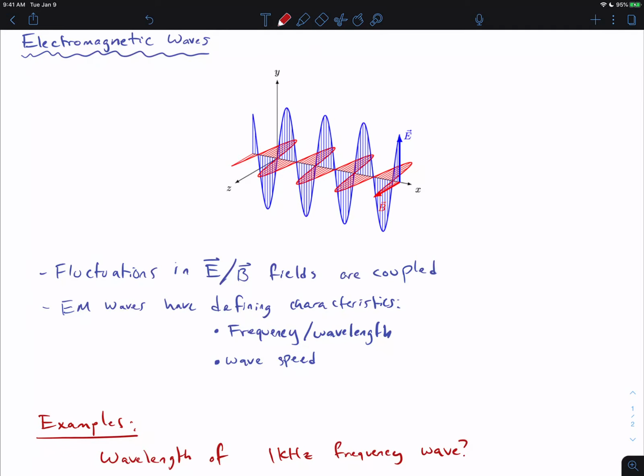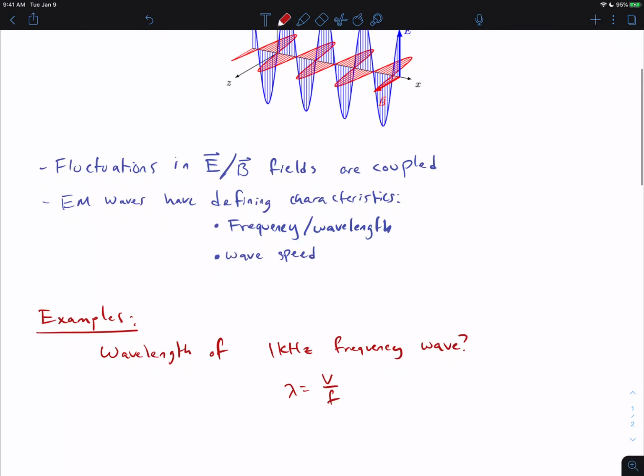So in order for us to talk about wave speed and frequency and wavelength, we need to define a few things that are common for light. So the first thing that I want to introduce here is my speed of light, right?